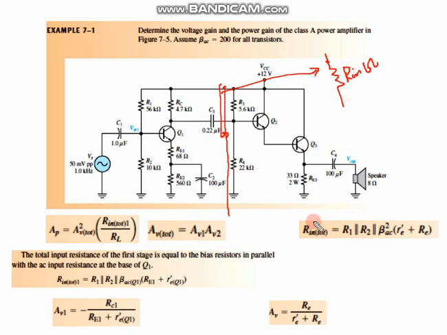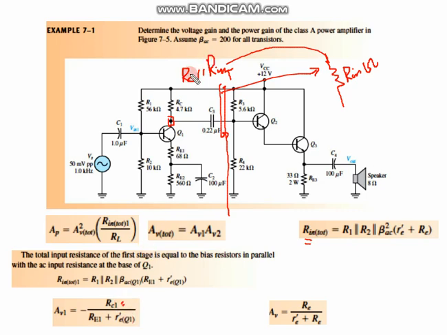The equivalent resistance is given by R in total, by this equation. So at the collector of Q1, the total resistance will be RC parallel to this resistance. I can write this as R in total of the Darlington pair. Over here you put the value, this is calculated.